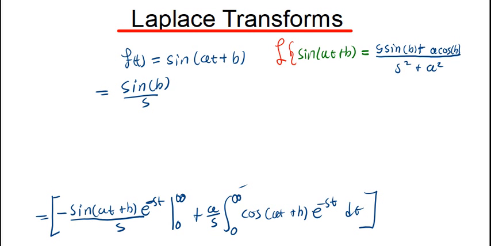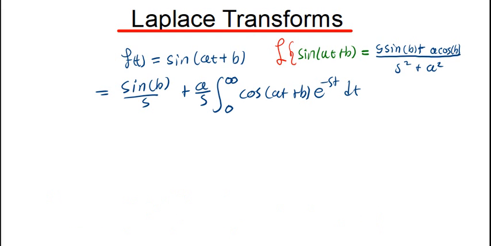So we still have this part, which is plus a over s, then the integral from 0 to infinity of cos at plus b e to the minus st dt. Actually, this method is even much more straightforward. I was somehow thinking I'll have to use the addition and subtraction formulas, but it appears I don't have to.